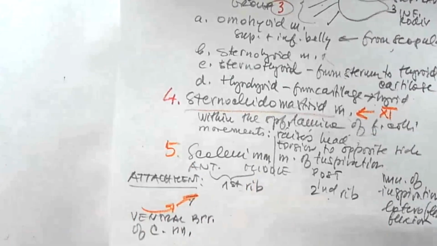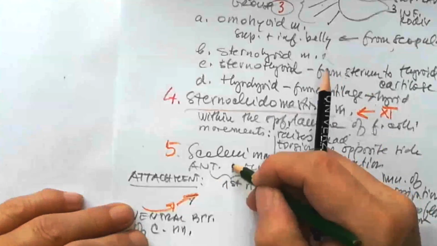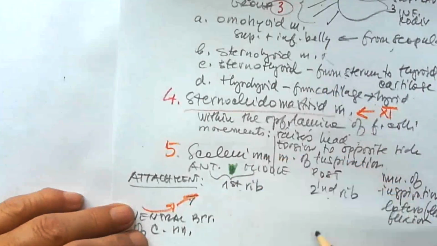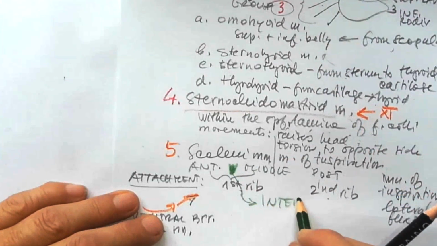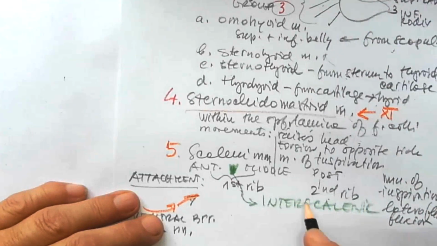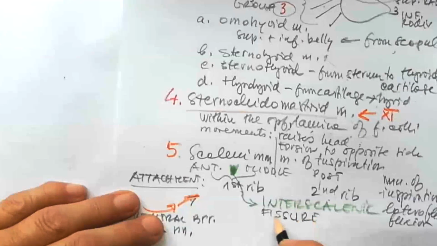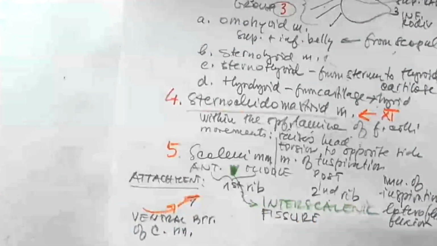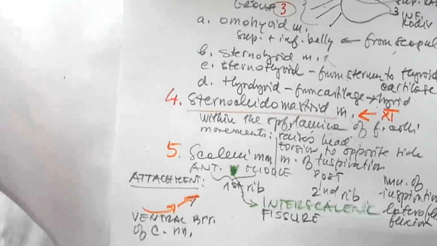And between the anterior and middle, there is the fissure. We call it the interscalenic fissure. We will draw the fissure again in the last region, the scalenovertebral, but we can see the fissure.